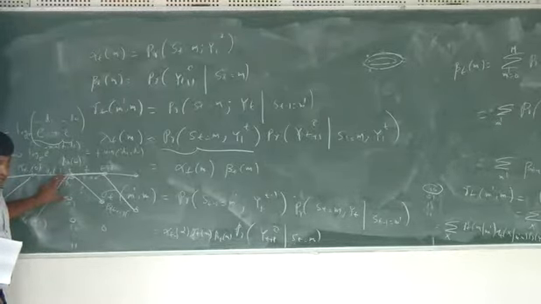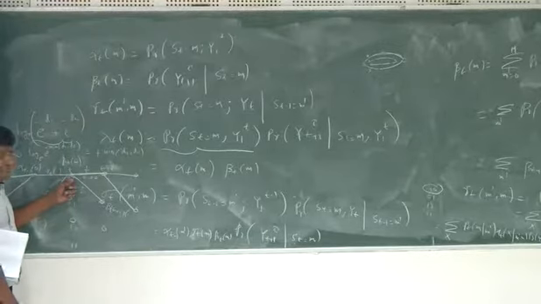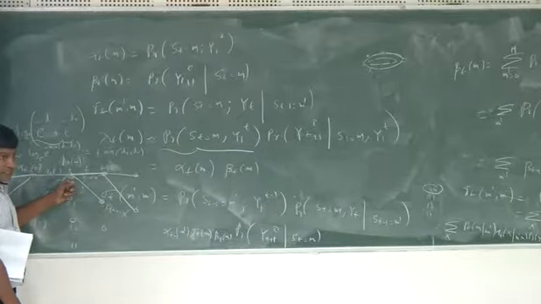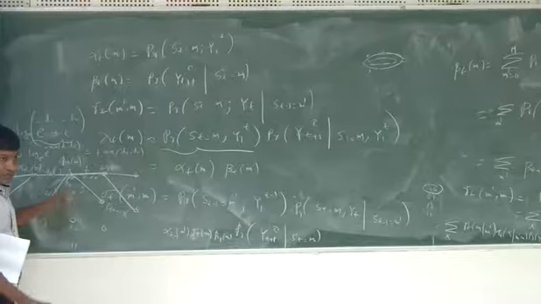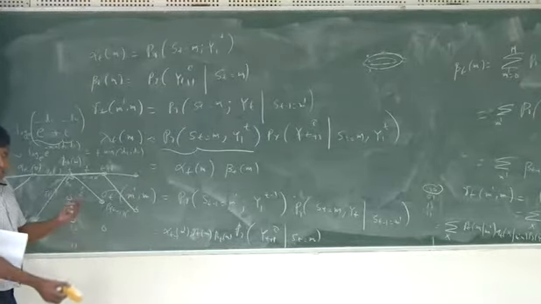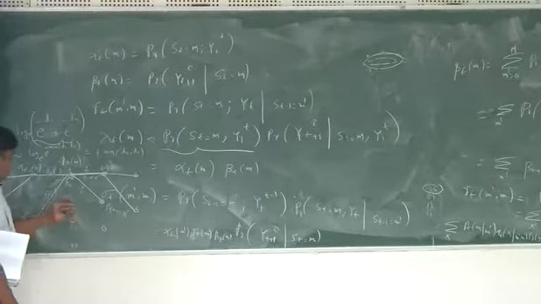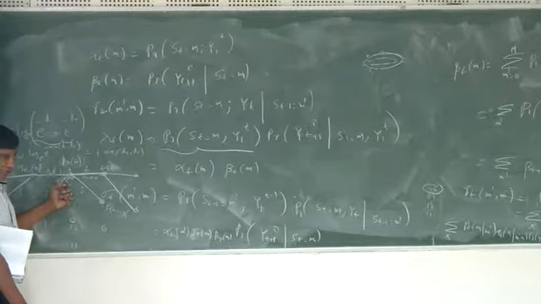2. Okay. And if you know the state APPs, conditional APPs, all you have to do, to get the APP of this digit 0, is sum over them. You get the APP of the bit 0 given the entire received sequence.